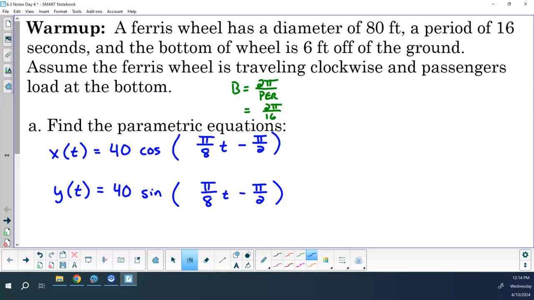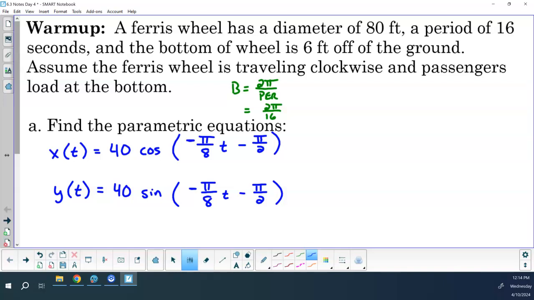Okay. Anything else that we need to add? What's negative because we're going counterclockwise? The negative pi over 8 has to be negative because we're going... or we're going clockwise.